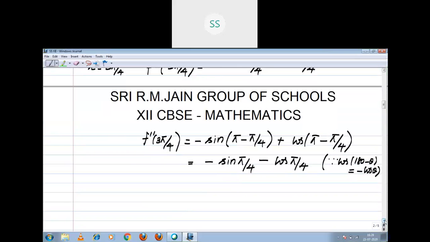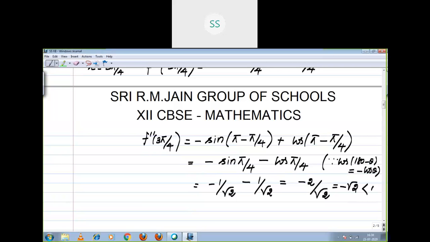Now what is sine 45 degree, you know very well. Minus 1 by root 2 minus 1 by root 2. The denominators are the same, so directly you can add the numerators. Then what do you get? Minus root 2, which is less than 0.